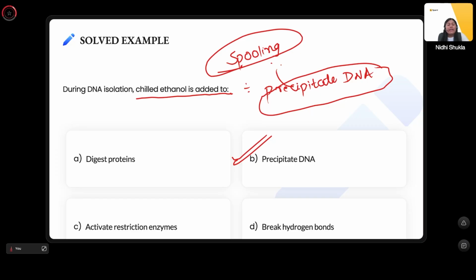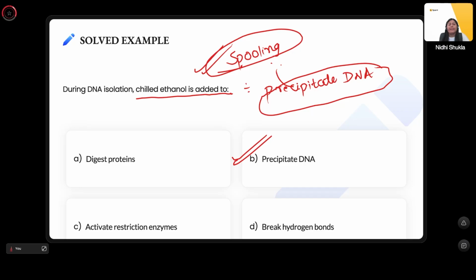So to isolate your DNA from the cell, you add chilled ethanol after the addition of all the enzymes. When you add chilled ethanol, the DNA gets precipitated, and then it can be removed.